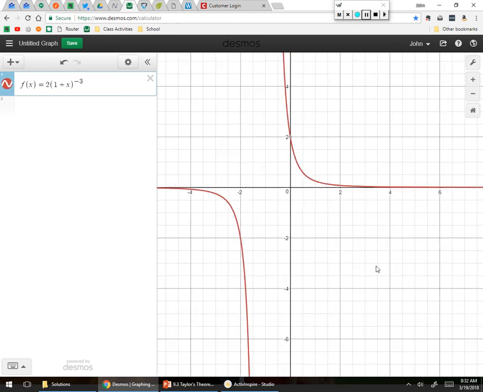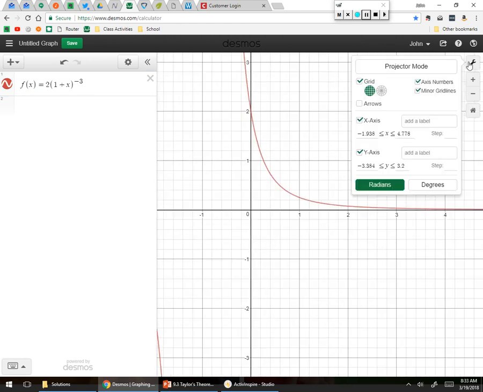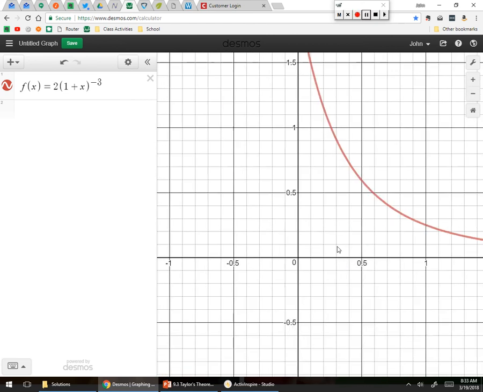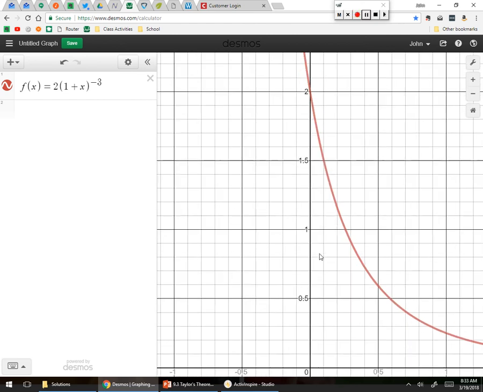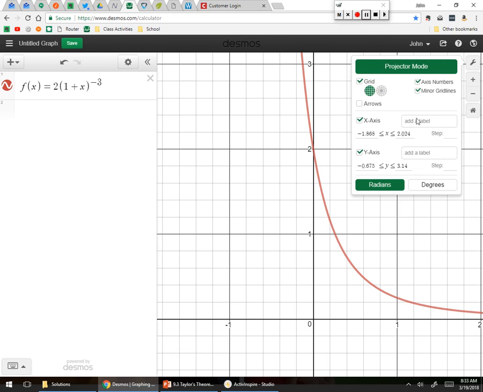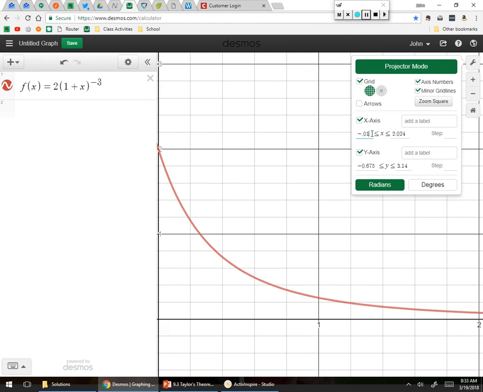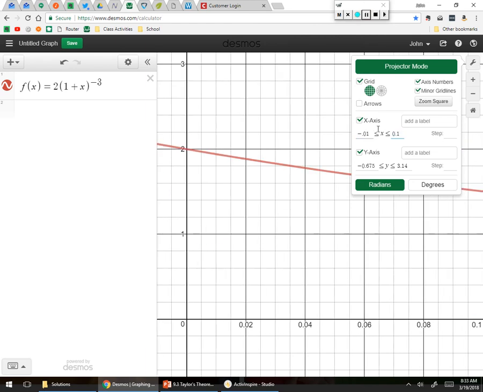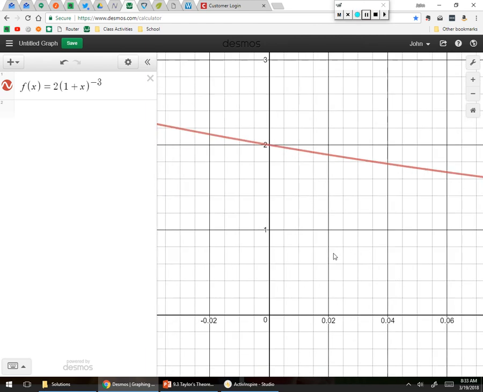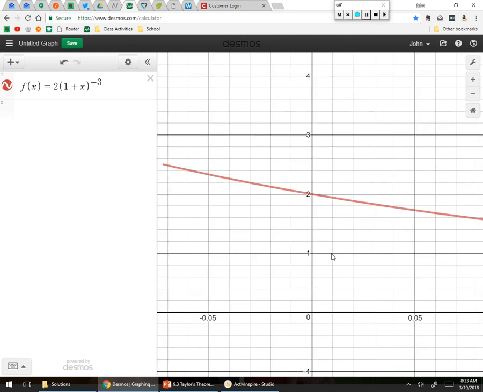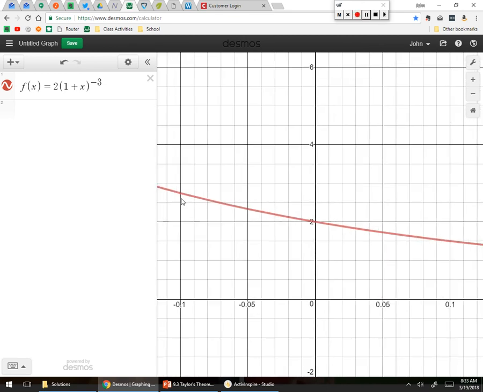All right, so this is not a huge surprise to us, but it looks like this. So there's negative 1 to 0.1, and we can just calculate f of negative 0.1 and see that it's approximately 2.743.